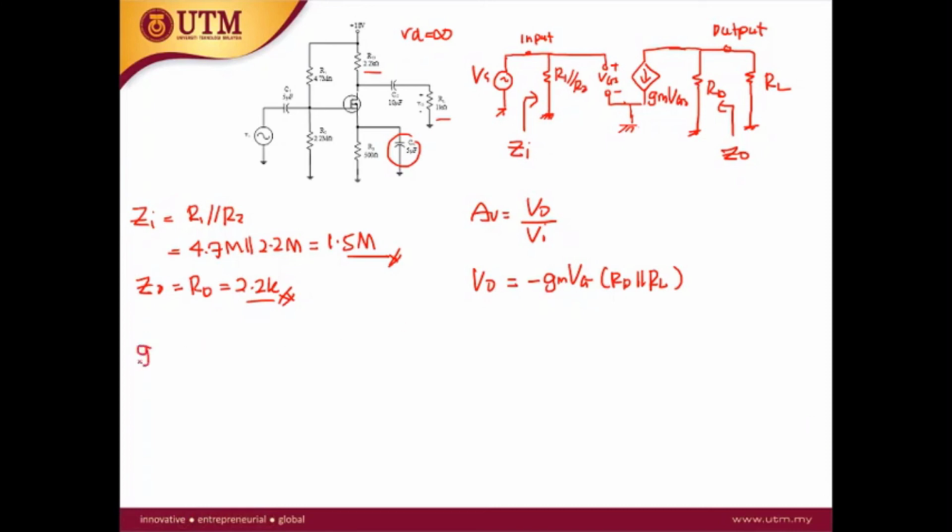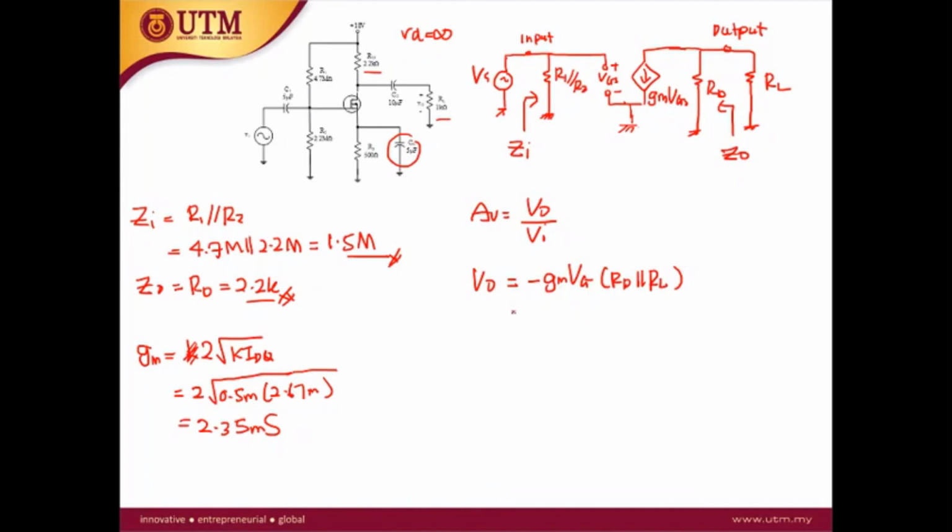So what is gm? gm is 2 times the square root of K times IDQ. The K is 0.5 milli, and IDQ is 2.67 milli. So this will give the transconductance of 2.35 millisiemens. The unit for the transconductance is Siemens.